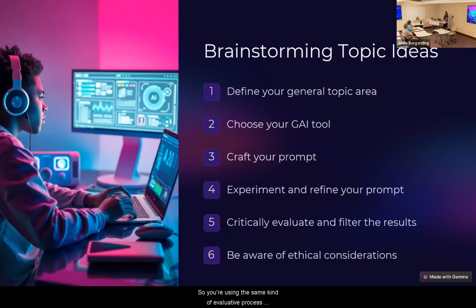So you're using the same kind of evaluative process that you look at in the databases and articles that you might look at for your research. The same way you're critically evaluating, filtering your results, looking at everything when you're utilizing Gen AI, even for just helping you with your research. So it's a parallel: you still have to critically evaluate everything that you're looking at.